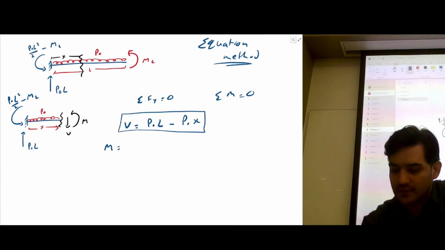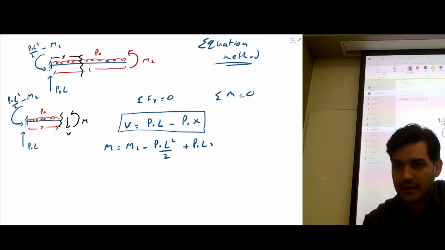And for the moment value, you will get ML minus P naught L squared by 2 plus P naught Lx minus P naught x squared by 2.